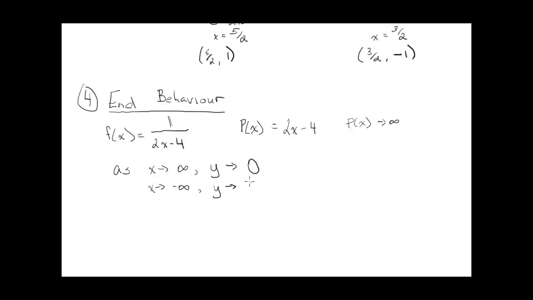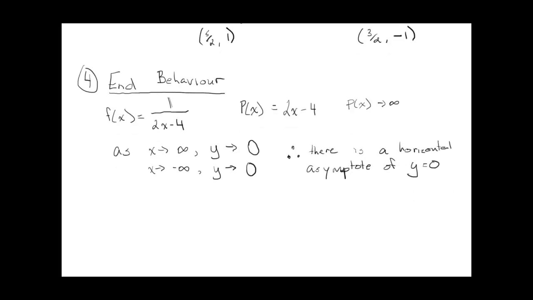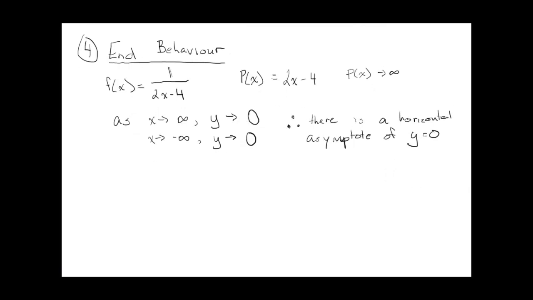So this would also be approaching 0, which means, and we've talked about that as end behavior before, that means there's a horizontal asymptote of y equals 0. Okay, so we have a horizontal asymptote of y equals 0.